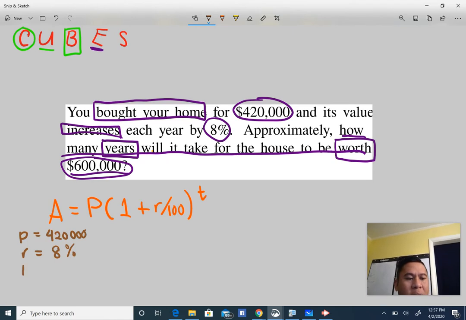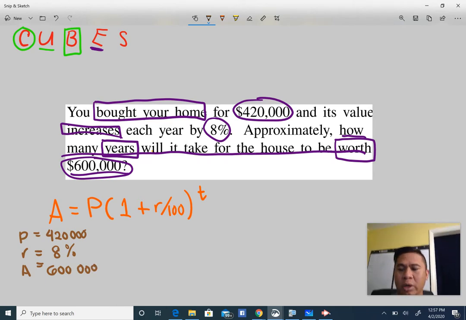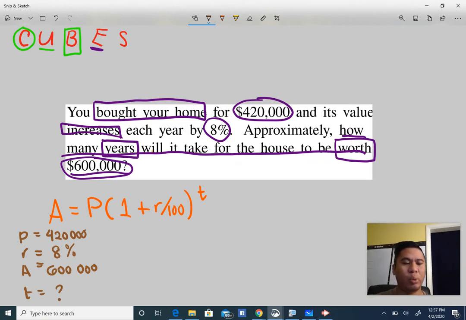And A, or the future value, is 600,000. And again, we are looking for time t. How many years will we have to wait until it reaches 600,000?